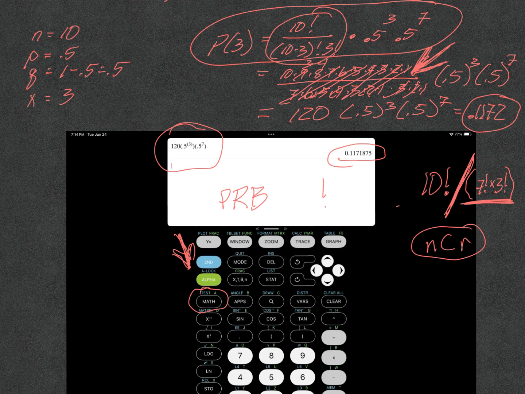And so if I were, instead of typing what I did there, if I typed 10 NCR key 3, which is 10 things taken 3 at a time, and then I multiplied that by 0.5 cubed times 0.5 to the 7th, then this, and I could put parentheses there if I want, then this will also give me the answer.